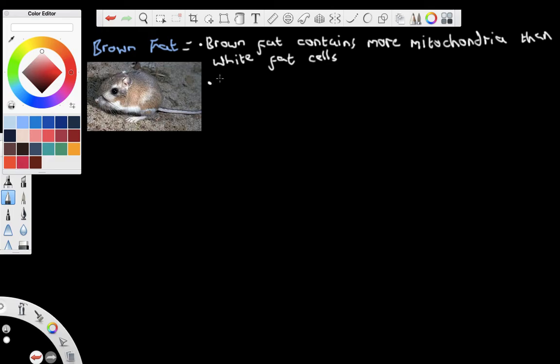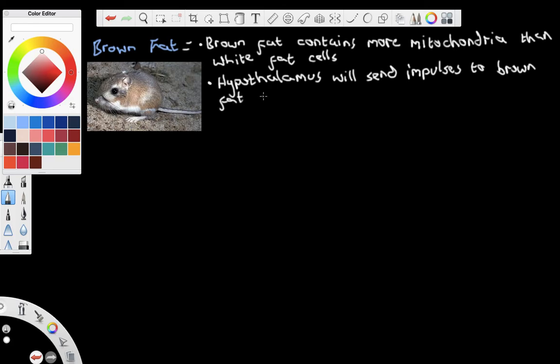The hypothalamus will send impulses to brown fat cells, which oxidize fatty acids quickly, releasing energy.